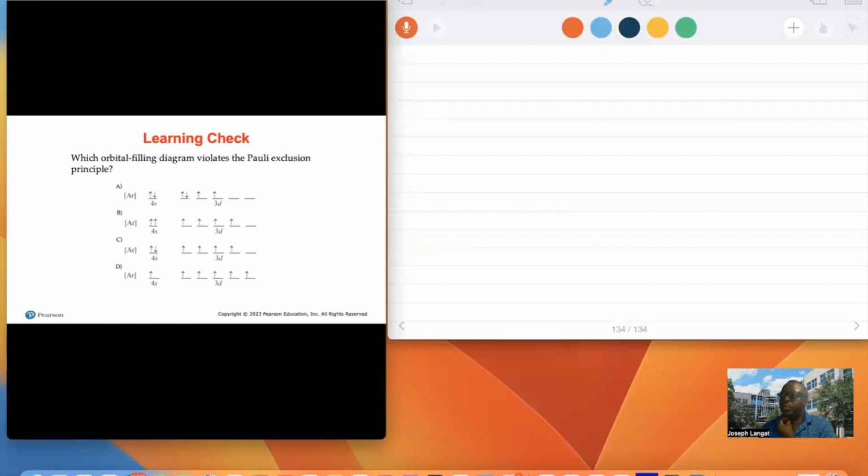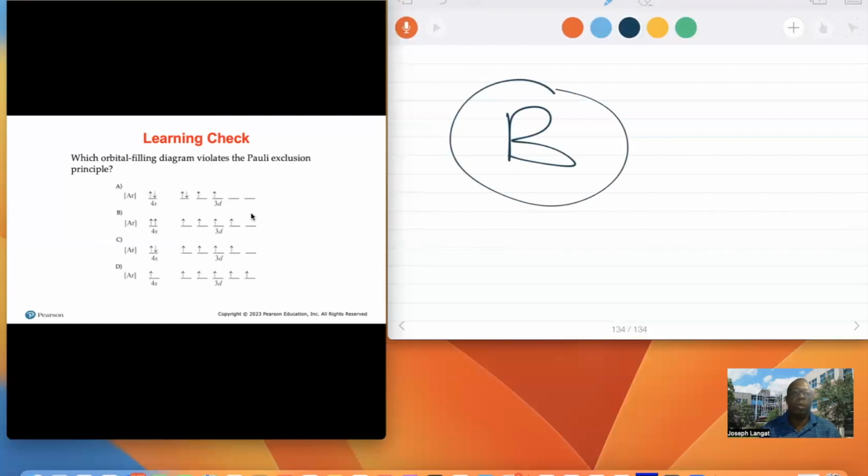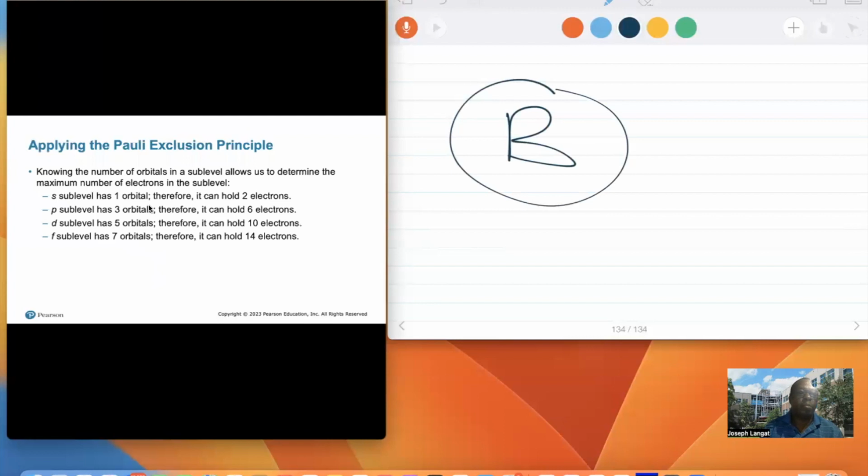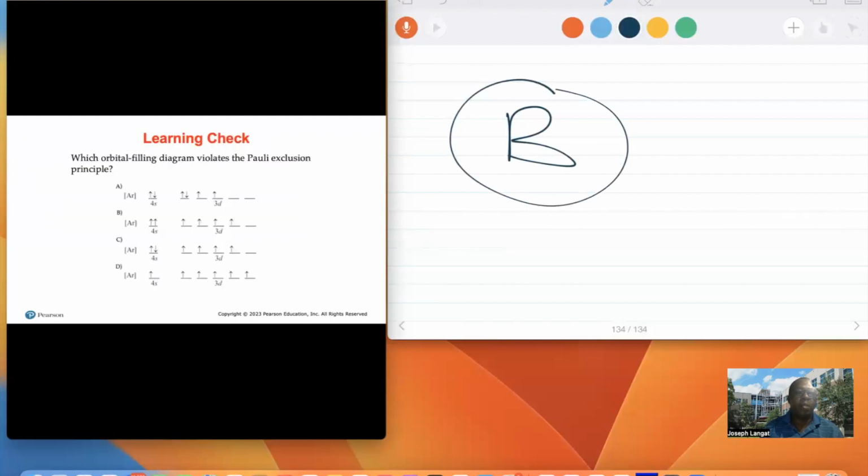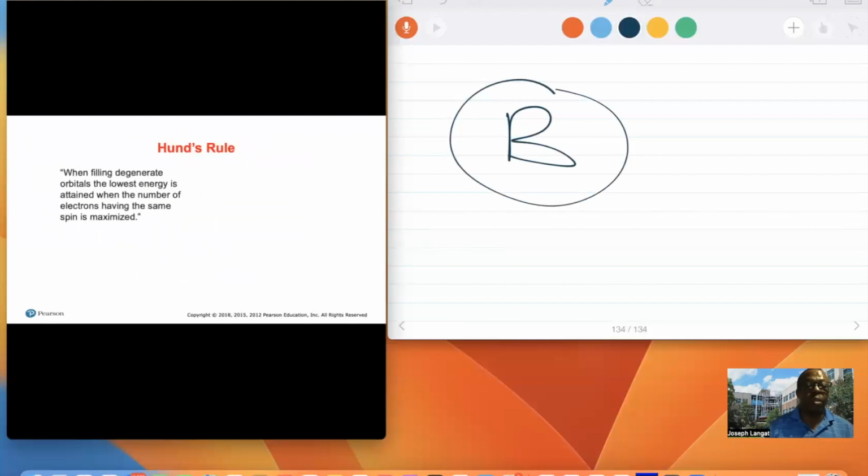The violation is B. The correct answer is B. For this question, there is no pairing. Remember, Pauli's exclusion principle states that no two electrons can have the same spin when paired.